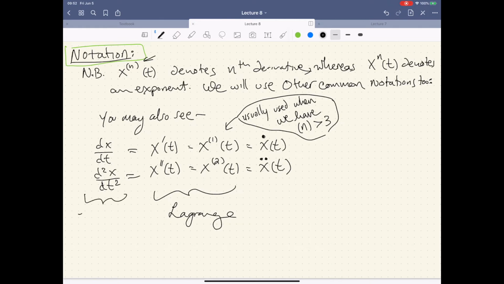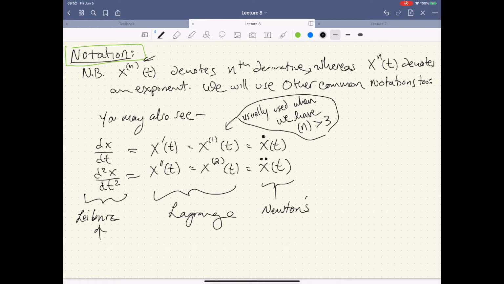This is actually Leibniz notation, and I always mix up my I's and E's, of course. Leibniz. And this here is Newton's. Even though you didn't see this in calculus too much, you may see this in other more classical applications like mechanical engineering, and that's a holdover from the classical mechanics that he did.